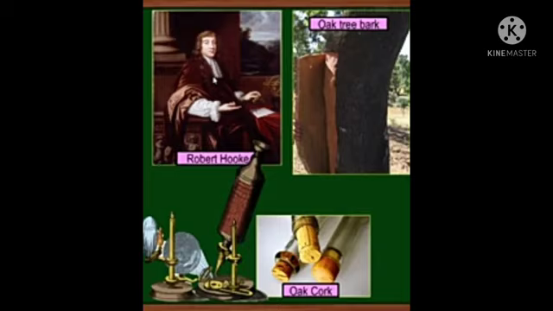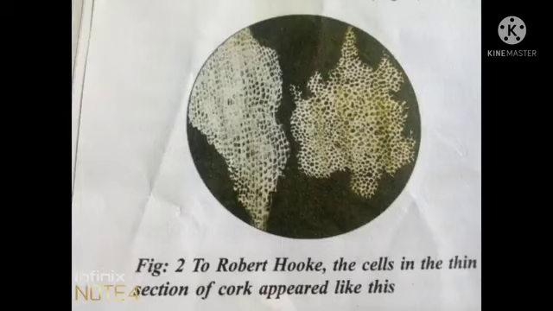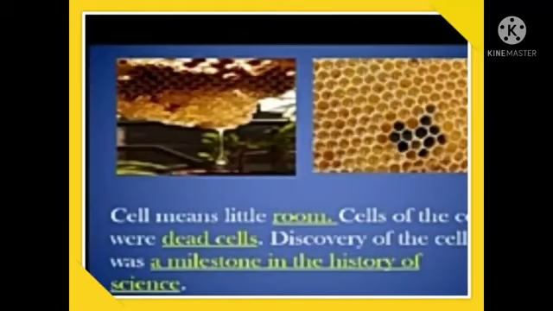Here we can see compartments which were observed by Robert Hooke. He observed that the cork resembled the structure of a honeycomb consisting of many empty spaces. These cavities are called cells.